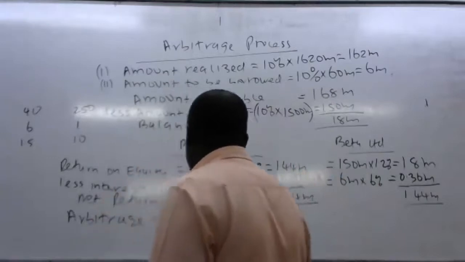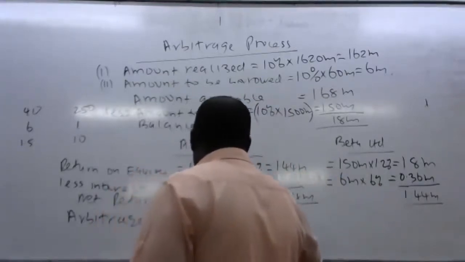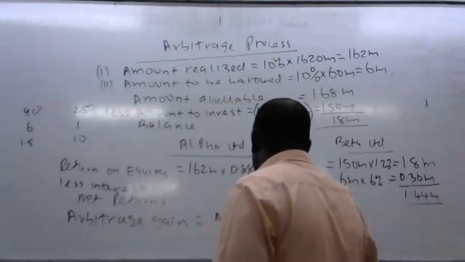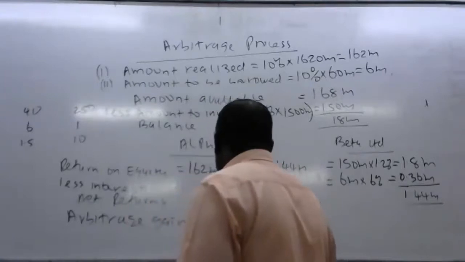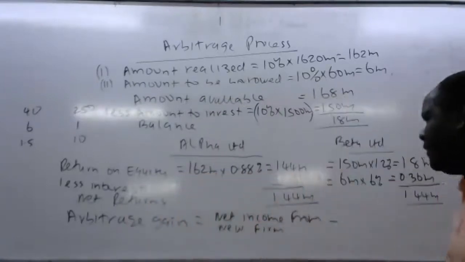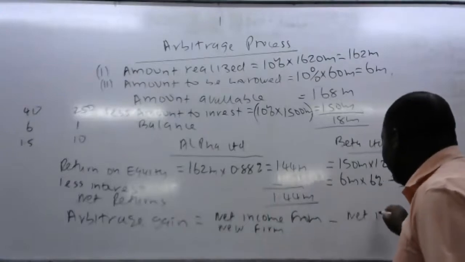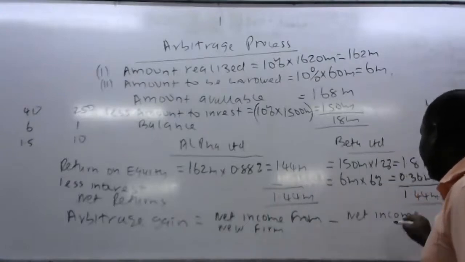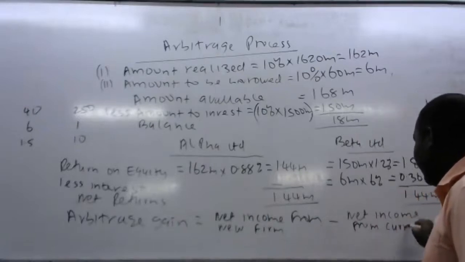So this one will be net income from the new firm. Then you minus the net income from the current firm.